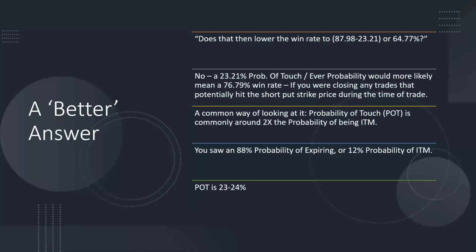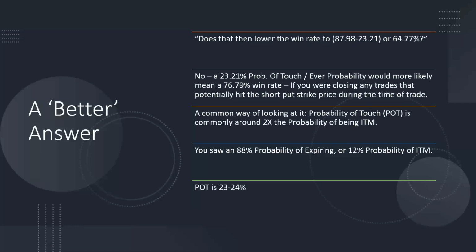Now, a common way of looking at it, probability of touch is commonly just around 2 times the probability of being in the money. Our put option on the MU trade, the 70 strike, had an 88% probability of expiring worthless, an 88% probability that MU would be above 70 on December 17th, which translates to roughly a 12% probability that the 70 strike would be in the money, that the stock would be below 70, only 12%.